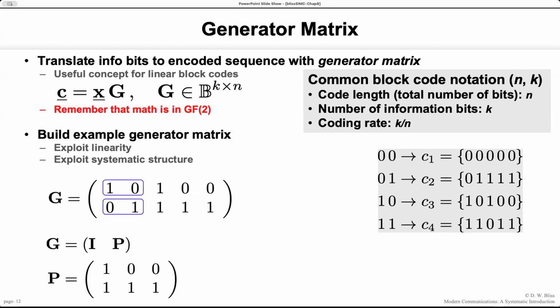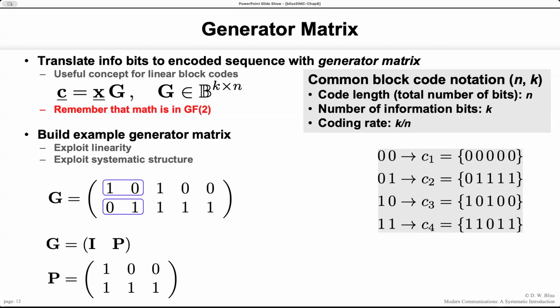And so it's also, if we have all the code words, relatively easy to build the generator matrix. What we have to do is go find the code words that will basically produce the identity matrix in the first part of the generator matrix, right? Because if we have just the one bit in the information vector and all the other bits are 0, it will basically pick out that row.